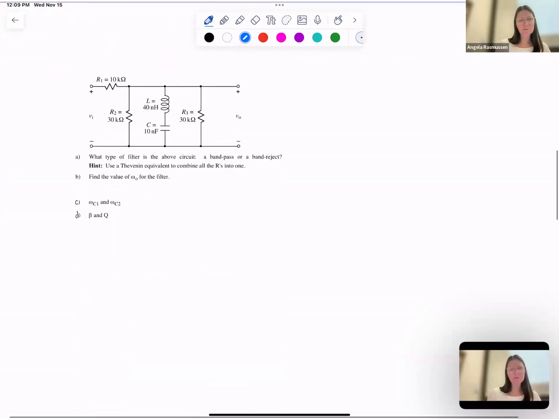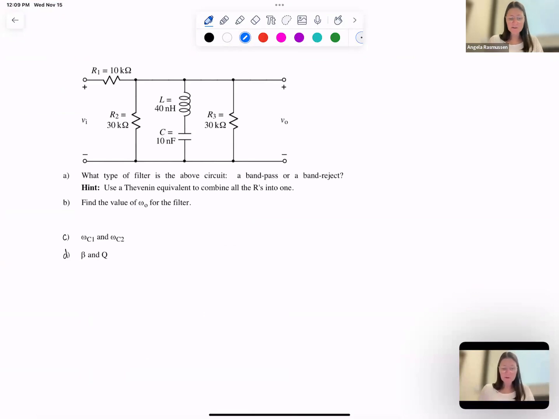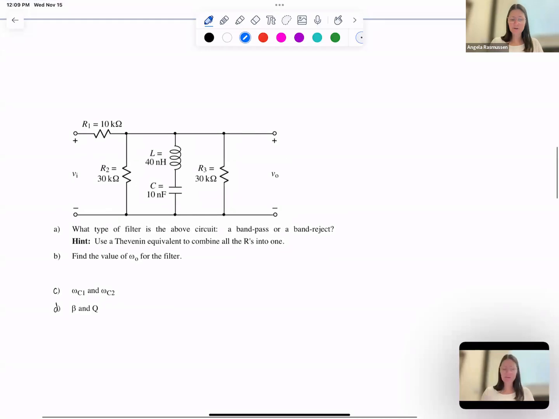Okay, so let's go through an example. We want to know what type of filter is in the above circuit. Is it band pass or band reject? How do we even determine that? The first thing you're going to do for these circuits is convert them into the Laplace domain, and then find what we call the transfer function.